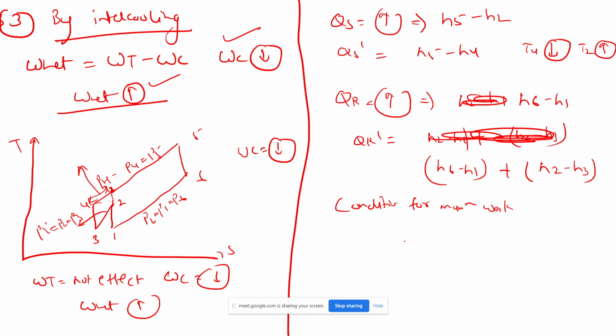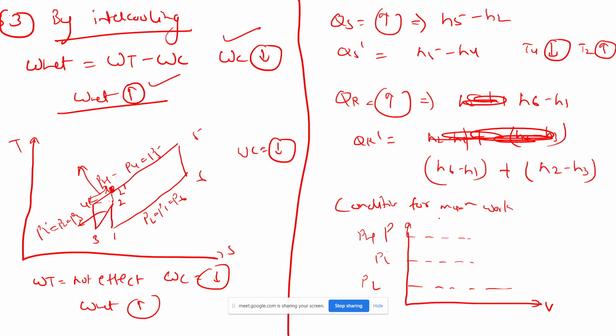This I will show you on the PV diagram. This is pressure-volume. Initially, this is the lower pressure, this is the higher pressure, and this is some intermediate pressure. First, in the process 1 to 2 previously, suppose we assume this point as 2 dash.